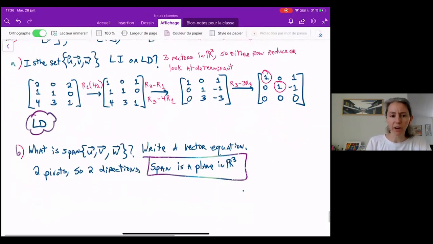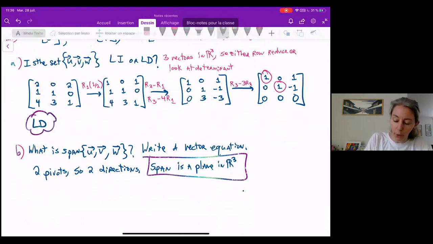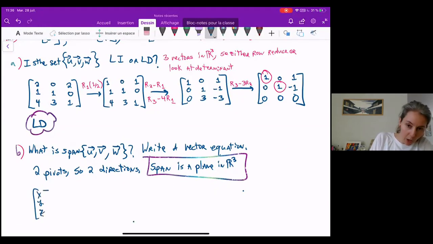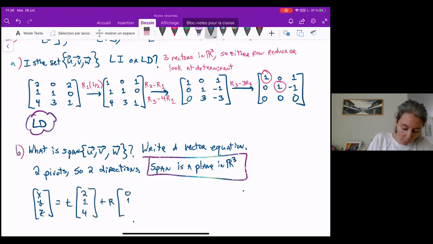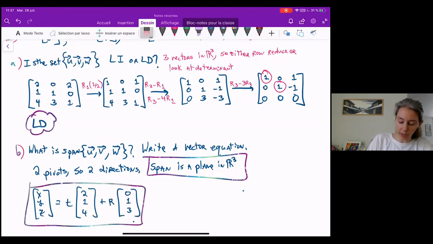It comes from getting rid of the useless vector. Well, in this case, the useless vector we're getting rid of is 2, 0, 1. So my xyz would be equal to t times 2, 1, 4 plus r times 0, 1, 3. The point is the origin because it's a span.